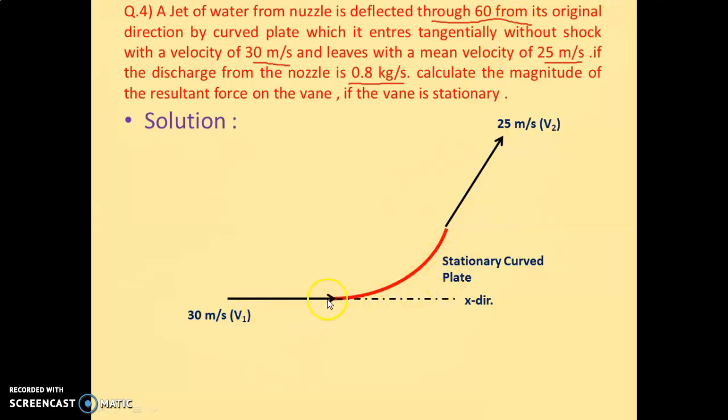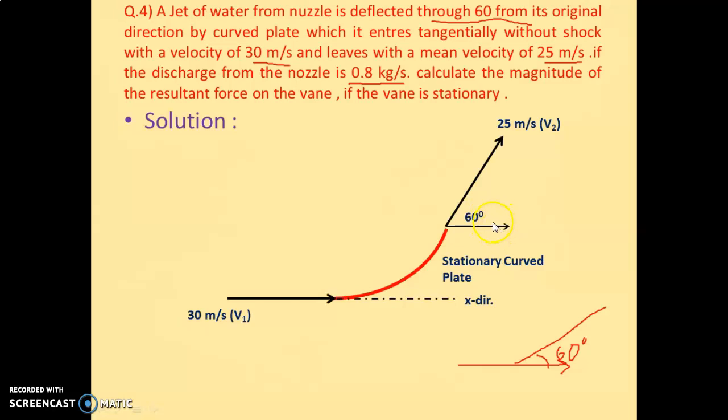Now it gets deflected from that direction by 60 degree. So this is 60 degree. This 25 meter per second velocity makes an angle of 60 degree with the horizontal.